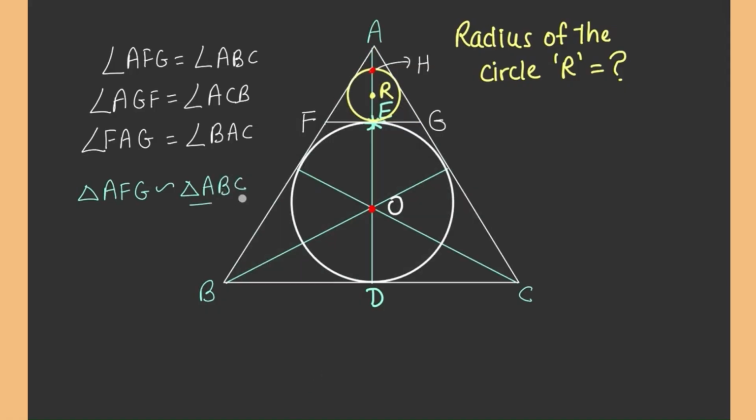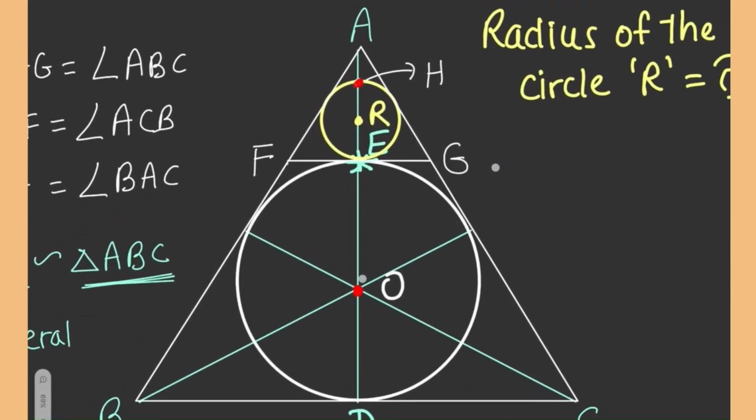That means if triangle ABC is an equilateral triangle, then triangle AFG must be an equilateral triangle as well. So if the triangle AFG is equilateral, then whatever arguments we made before to solve for AE, we're going to use those same arguments again to solve for the radius of the circle R. Let's see how that is done.